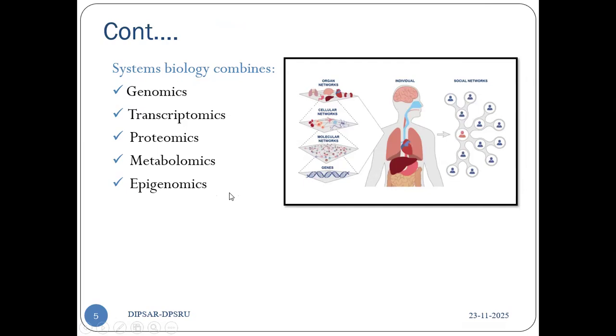I hope many of you know that well-known examples of epigenomics are DNA methylation and histone modification, each of which alters how genes are expressed without altering the underlying DNA sequence. That is epigenomics.